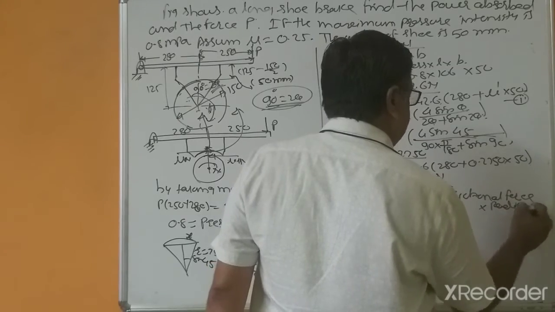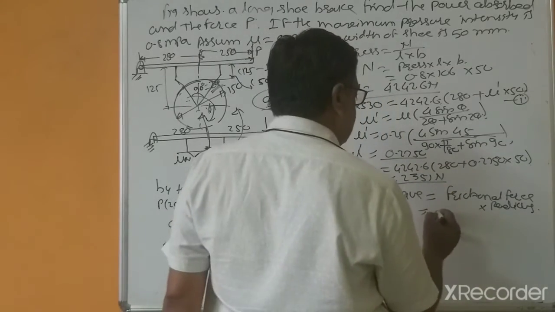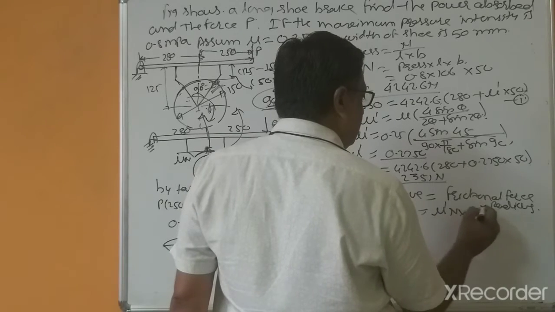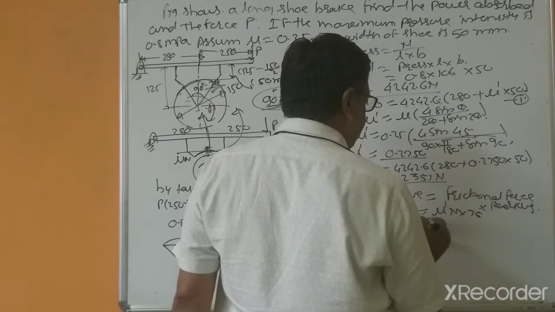So frictional force mu into N into radius, radius equals 75.